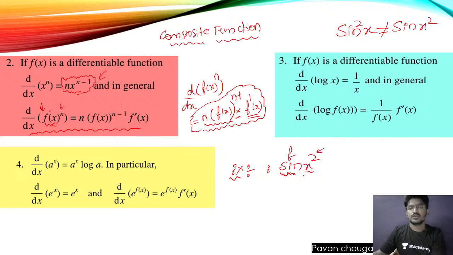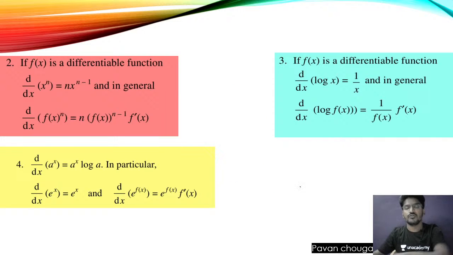So it is in the form of f of x to the power of n. If I want to calculate the differentiation of sin x square, that means d by dx of sin x square, what I have to do?